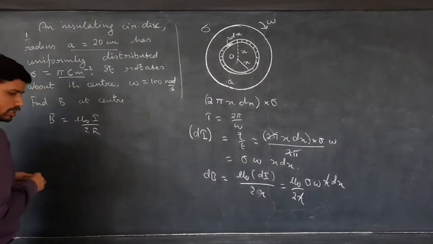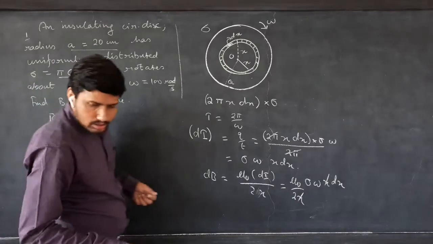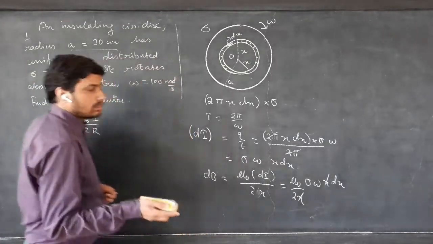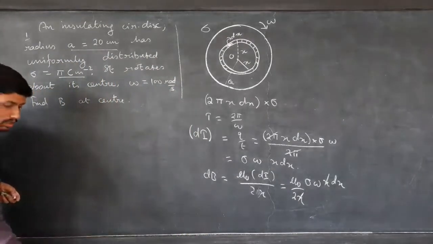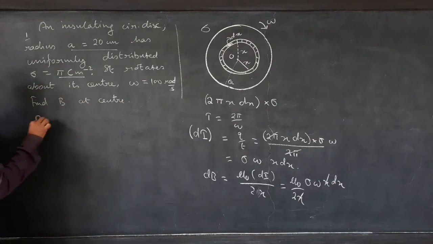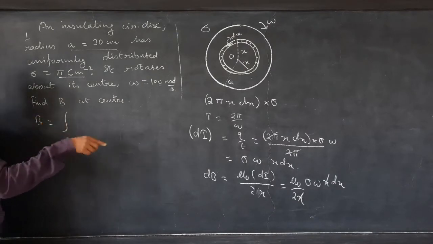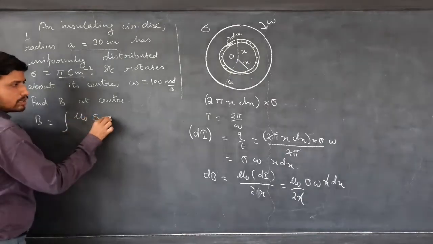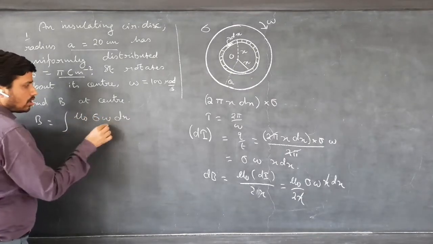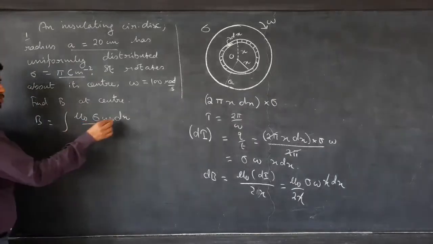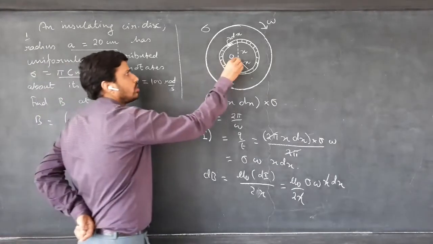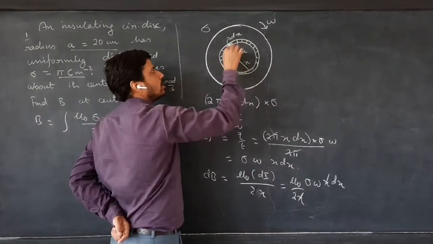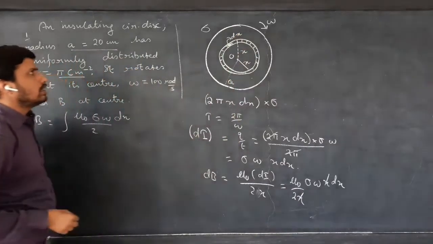Therefore, the total magnetic field B is equal to, at the center, integration of mu naught sigma omega dx upon 2, and the limits will be from x is equal to 0 to a, so that we can cover all the parts of the disk.